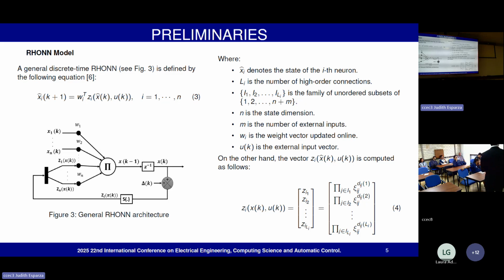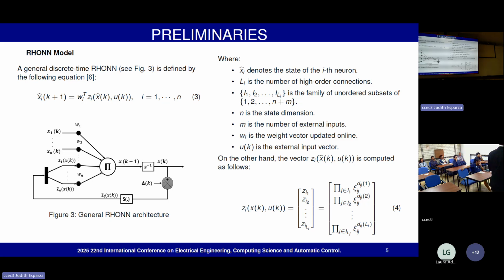The main difference between these neural networks and the regular recurrent neural networks is that these neurons usually have products of the inputs and also the use of previous outputs of the neuron.